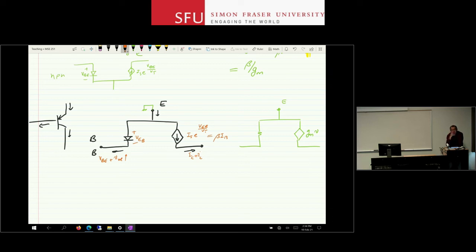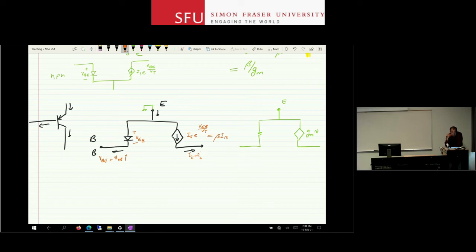VEB will become smaller, right? The voltage drop across the diode that you have over there, V emitter is fixed, VB is increasing, so VEB is smaller. So when you look at the equation here, the current at the collector becomes smaller, right? So you increase the base voltage, the collector current goes down.